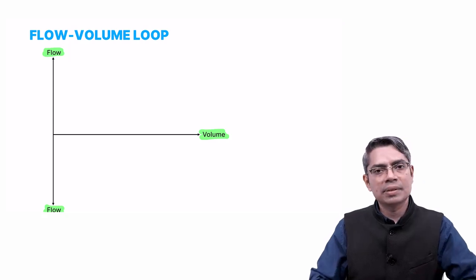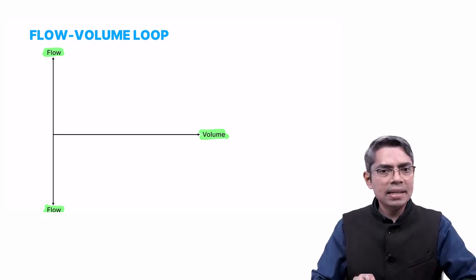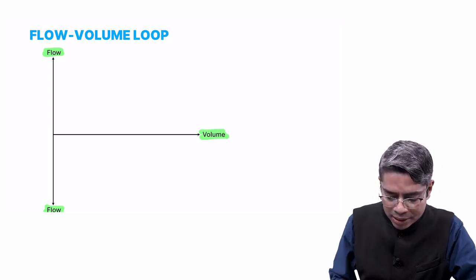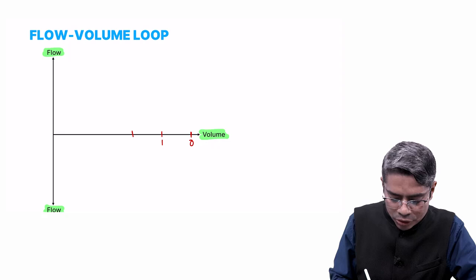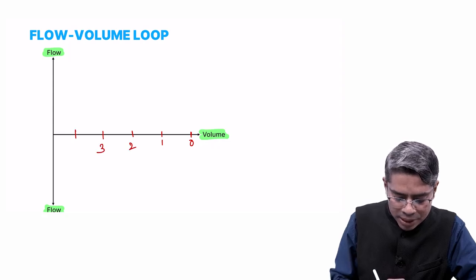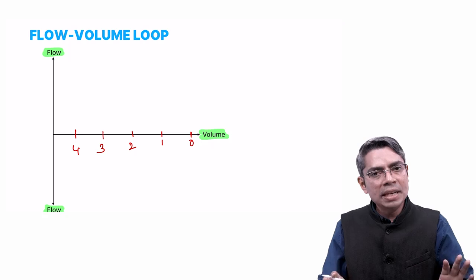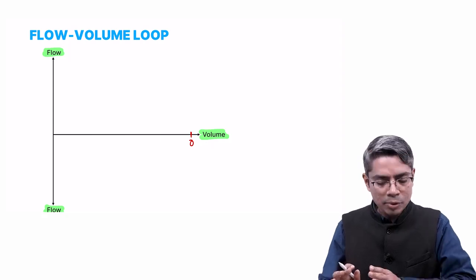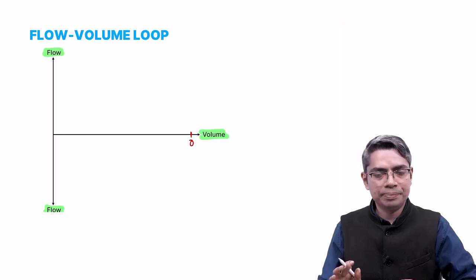Now, here another difference is there. The marking of the x-axis will start from your right hand side, meaning suppose this is 0, then this is 1, this is 2. So volume in liters, but this marking will start from the right hand side. This is 0 volume, and the volume will increase towards your left hand side.